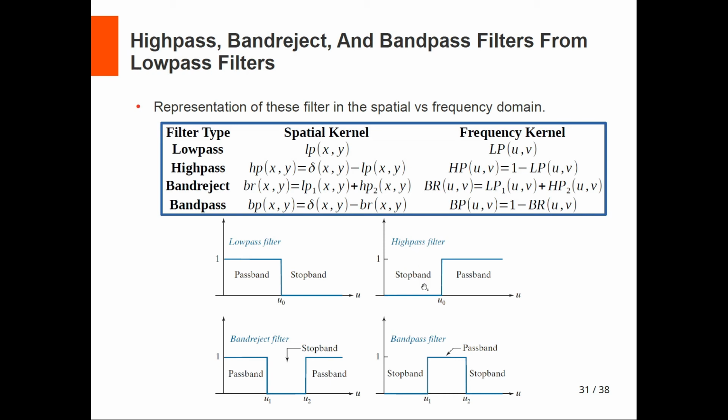So in effect, a high-pass filter and a low-pass filter in the frequency domain are basically related through this equation. A high-pass filter is 1 minus a low-pass filter in the frequency domain. But what is it going to be in the spatial domain?